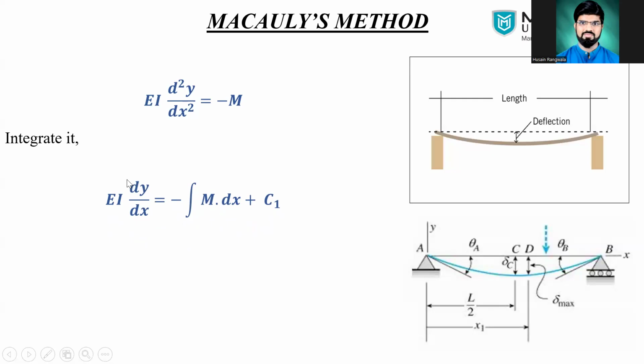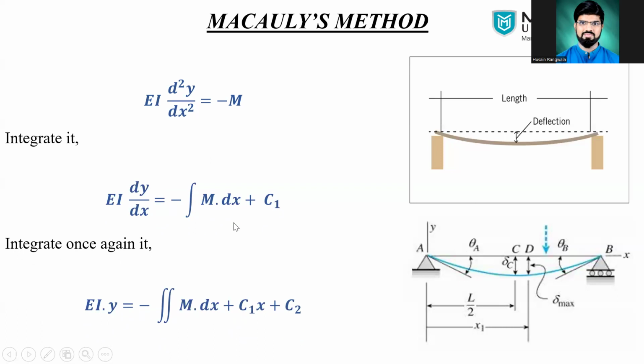So dy/dx is called the slope. If we integrate one more time, dy/dx becomes y, which is called the deflection at any point. So in these examples we have to do two-time integration. Once we get the curvature equation, we do one integration to get the slope equation, and integrating one more time gives the generalized equation of the deflection.